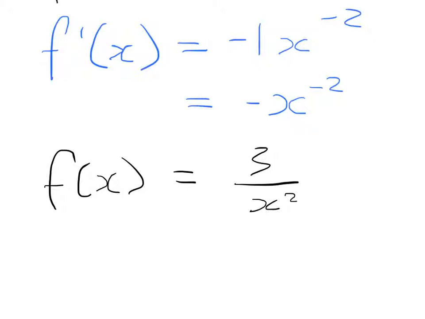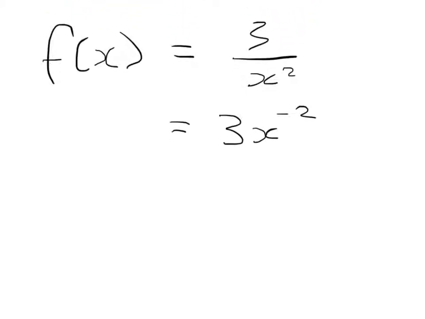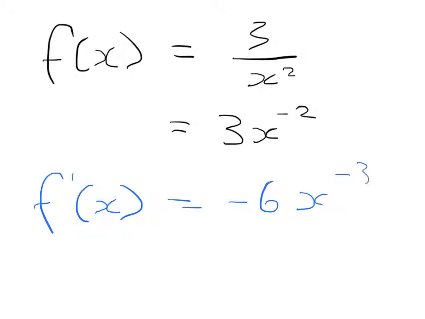So the first thing we do is convert it, so that's 3x to the power of negative 2. That means f dash of x equals, well, 3 times negative 2 is negative 6, x to the power of negative 3, and then we put it in the same format that it came in, negative 6 over x cubed.